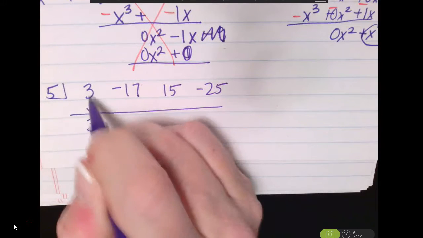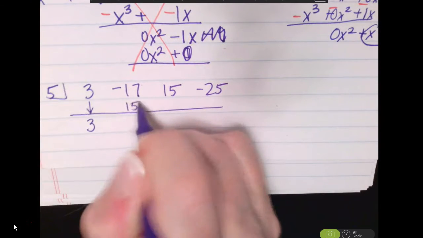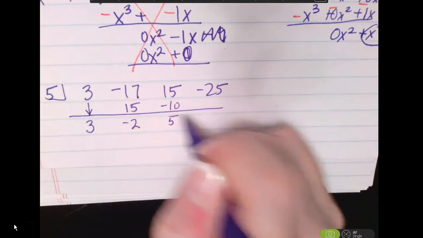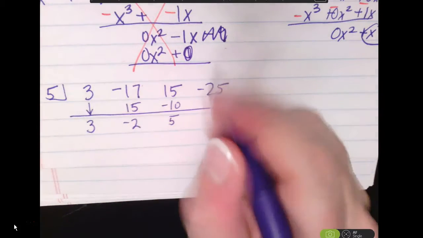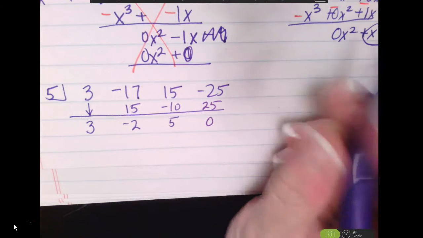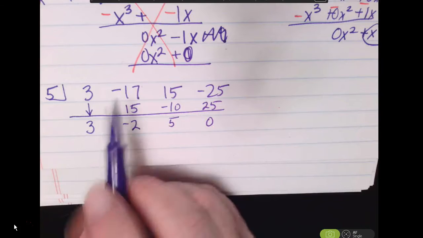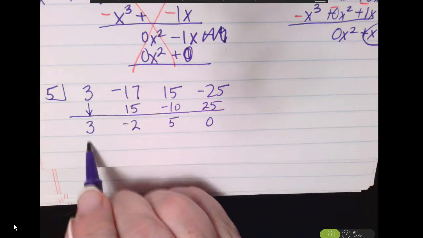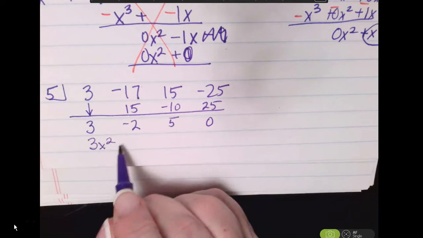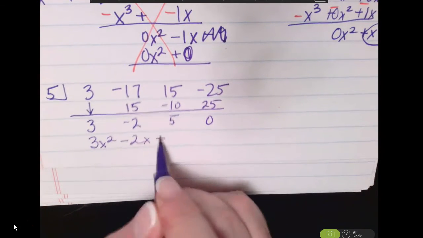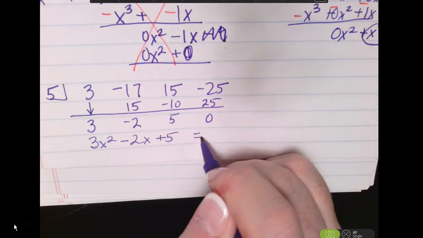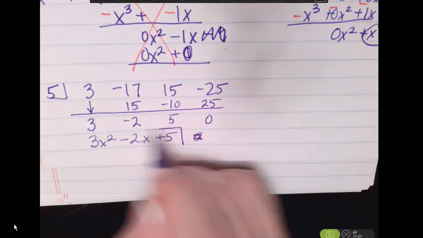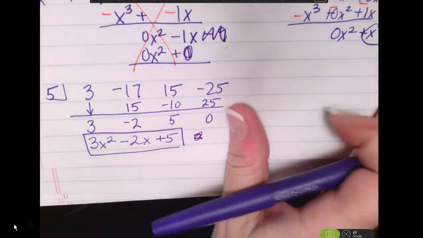So my algorithm is that I bring down the 3, multiply things out, and then I add. Negative 2 times 5 is negative 10. Add that together, that's 5. 5 times 5 is a positive 25. So that's 0. So originally our problem we started out with x cubed, so now our final answer is going to be 1 less than that. 3x squared minus 2x plus 5 equals the answer. It's not called anything f of x or anything like that.